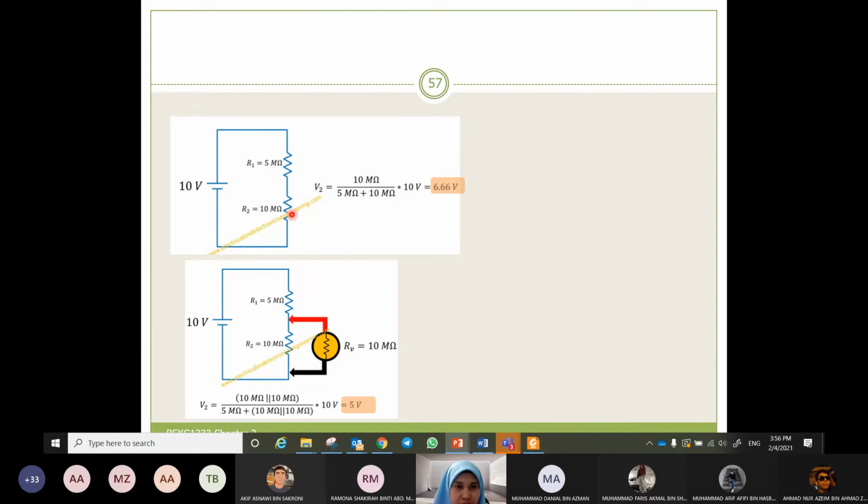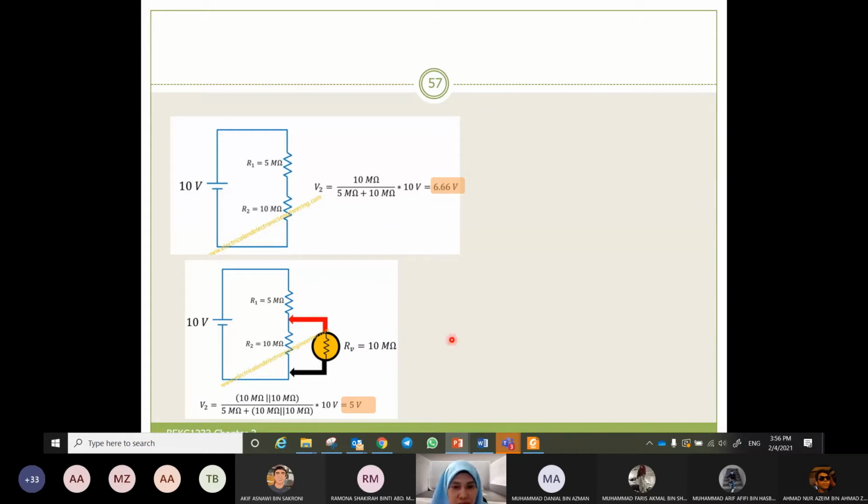We put 10 mega, the resistor itself, divided by the series resistance in this path, multiplied with the voltage supply to this path. It is the same as the voltage source, 10 volt. So VR2 is equal to 6.66 volt.